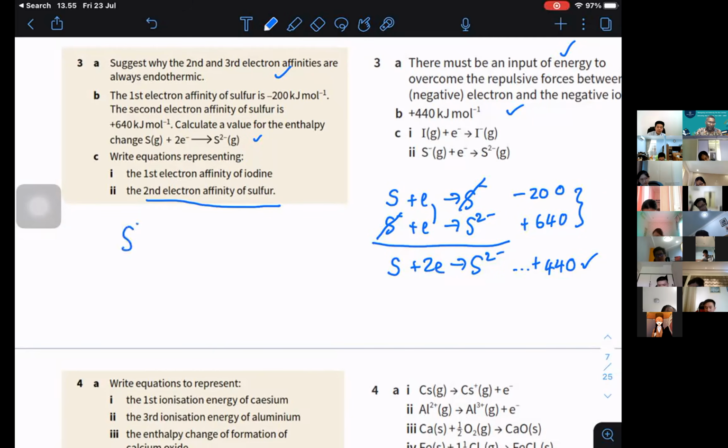The first is already added, so I add another electron to become the second. This must be in gas, even if they don't tell you, for ionization energy and electron affinity, and also for other situations like lattice energy and so on. If they give you 2 marks or 1 mark and ask you to write the equation, if you do not write the state, it is automatically wrong.